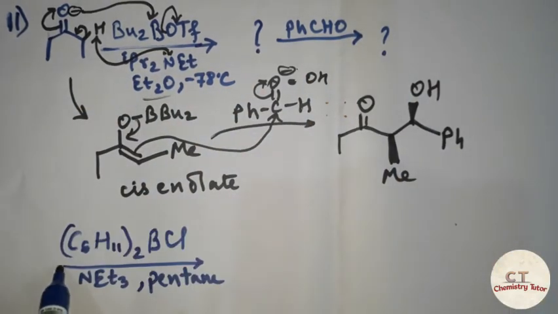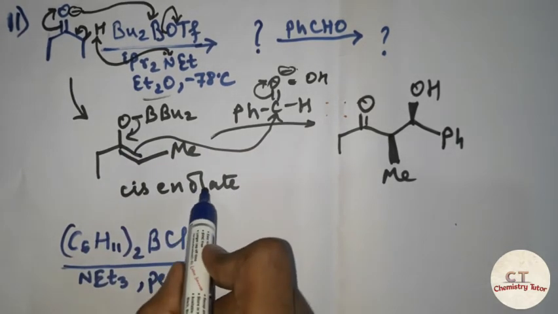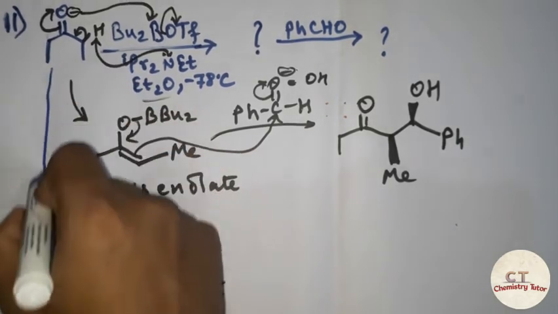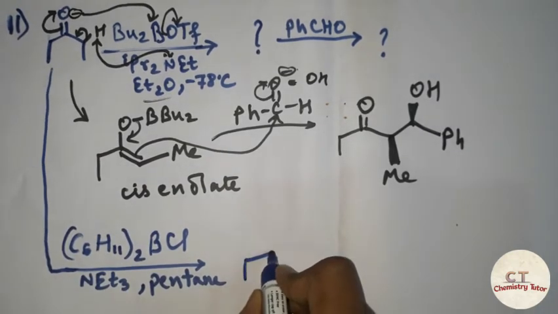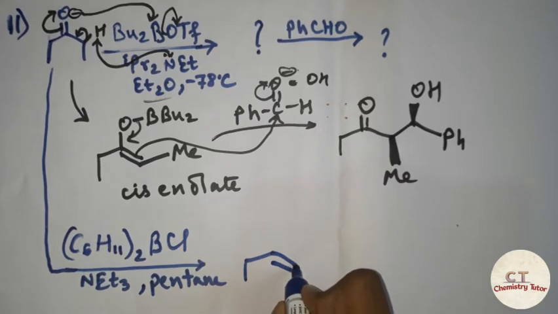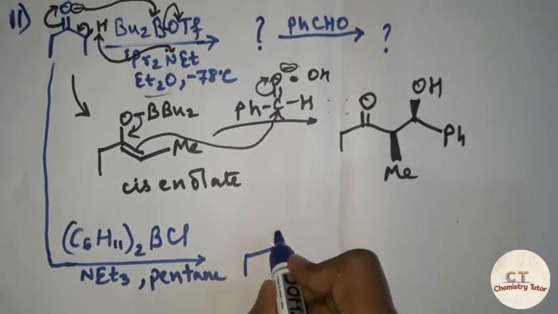Now let us take this reagent. It is also a boron reagent, but in this case a bulky ligand is taken. So what is the name of this ligand? It is cyclohexyl ligand, okay. So when we take a bulky ligand, then we are not going to get this cis-enolate. The same reaction in presence of a bulky ligand, we are going to get an enolate, but this enolate is going to be trans.